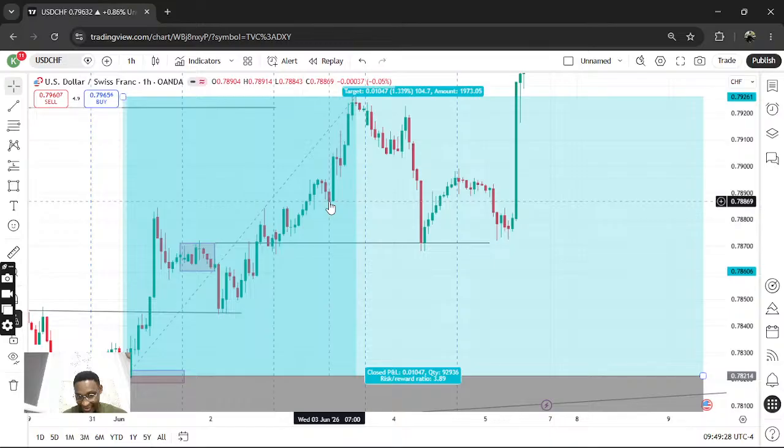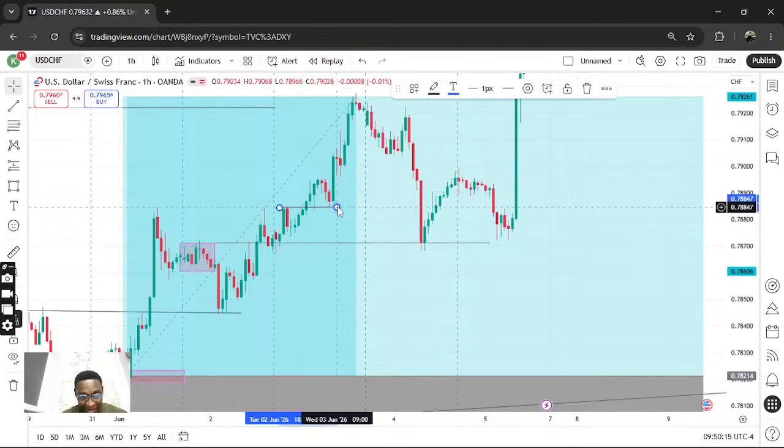That is your weekly expectation. So when the market returned, look at this level. Let me just show you. These are small details that you need to take into consideration when you are trading. Look at this. You see? Market respected it.